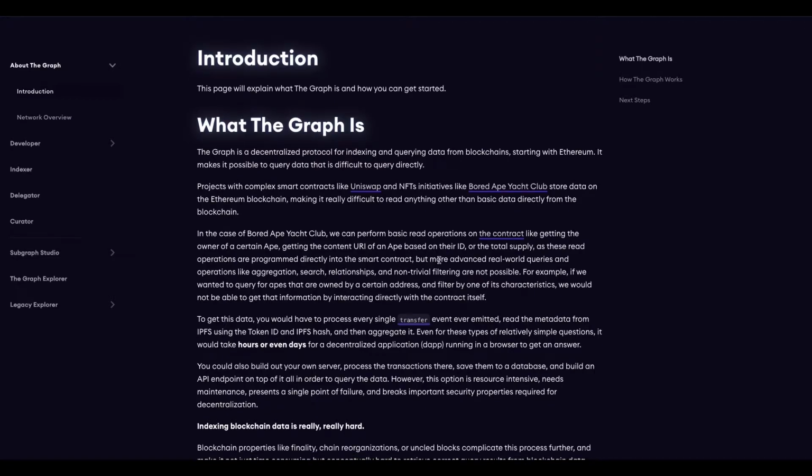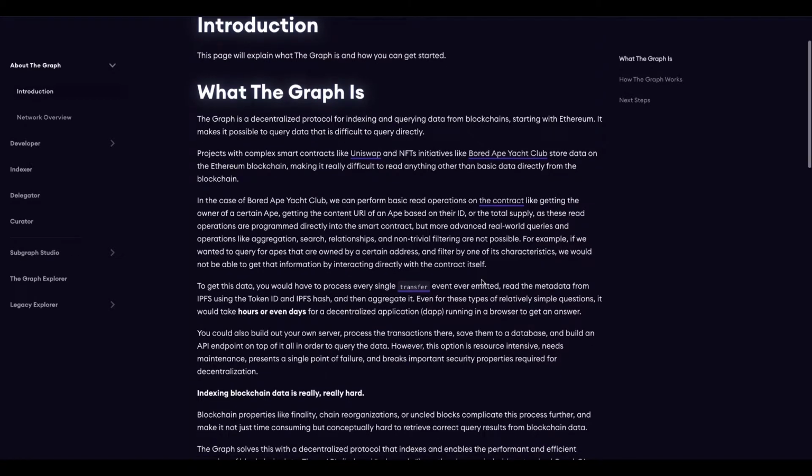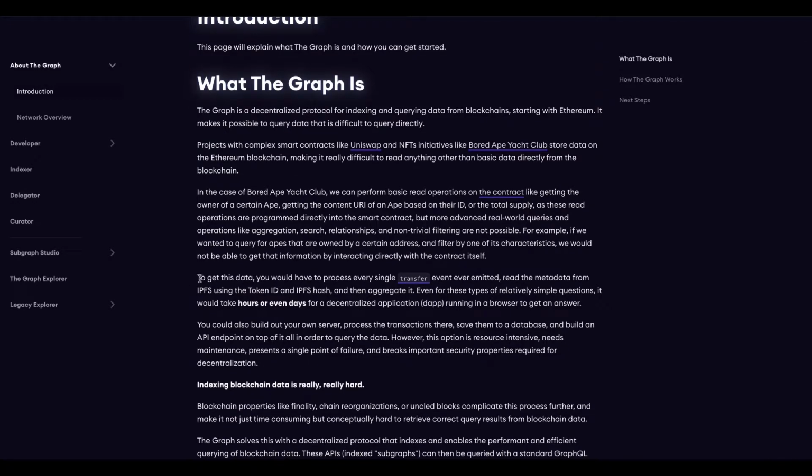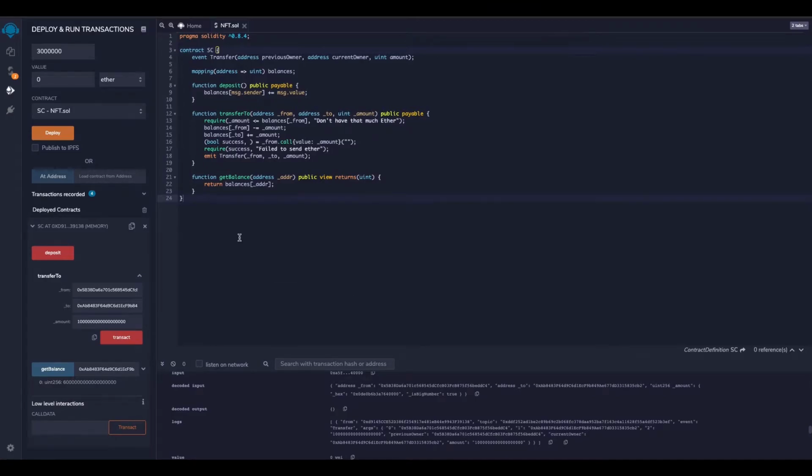But anything outside of that, like search, or trying to get characteristics of the NFTs, is going to be a lot more difficult in regards to obtaining that information. And it says to get this data, you will have to process every single transfer event ever emitted, read the metadata, and so on.